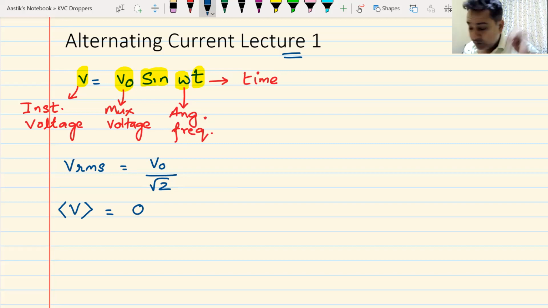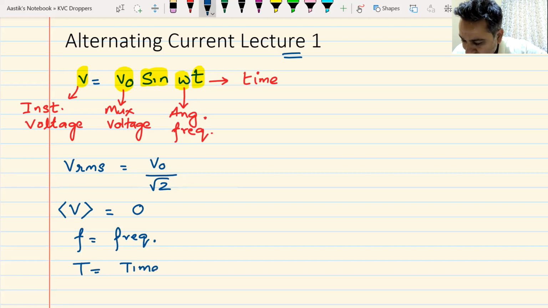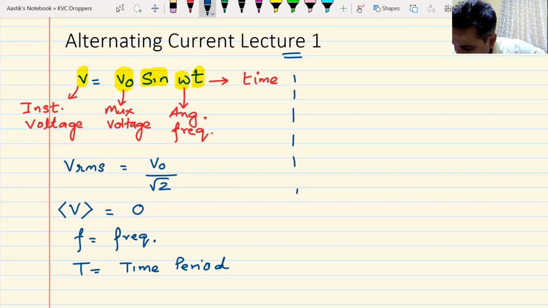Okay. Now let us find the relation between omega, T, and f. f stands for frequency. T stands for time period. We are all aware of these terms, and we know the relation between f and T. f will be equal to 1 by T. Yes or no?